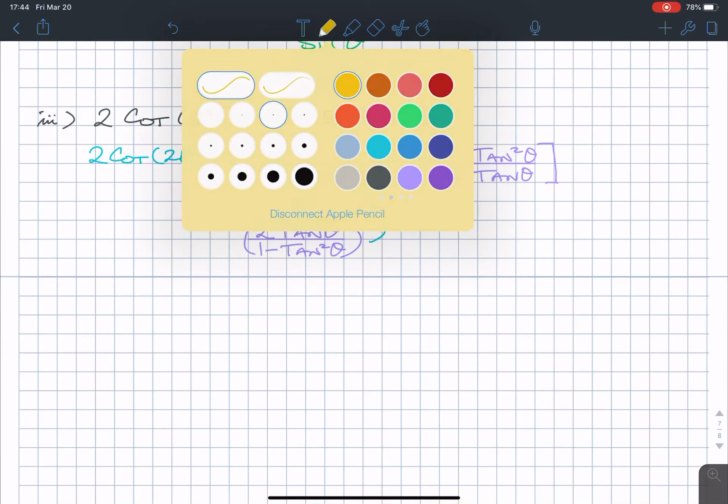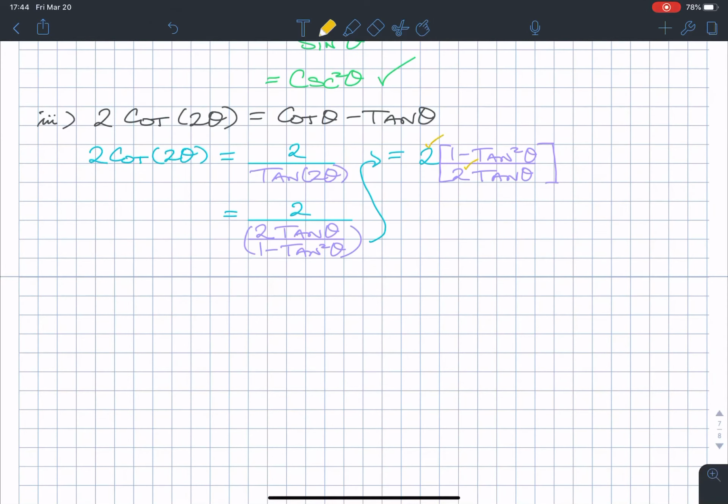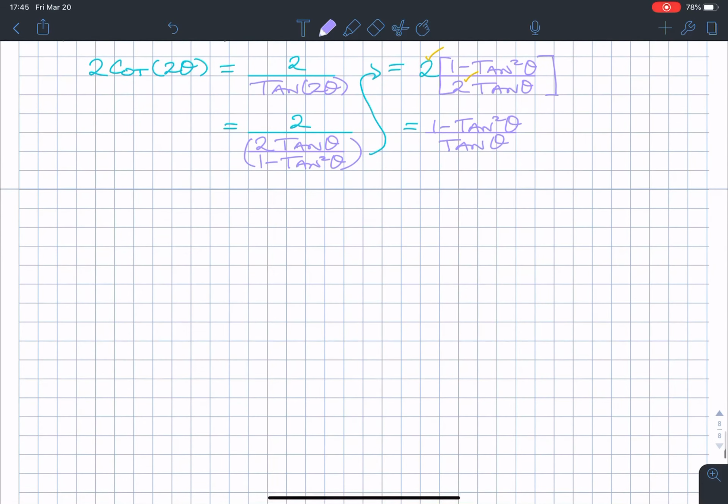So the 2's reduce. So what I'm left with then is going to be 1 minus tangent squared theta over tangent theta. Okay. I guess I didn't really have enough room here, did I?